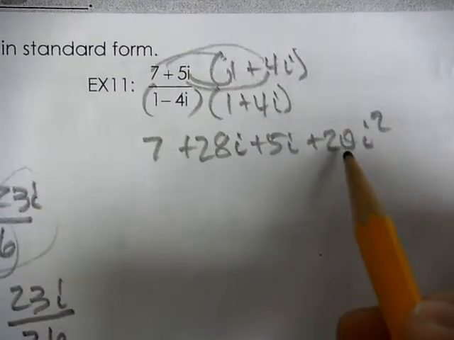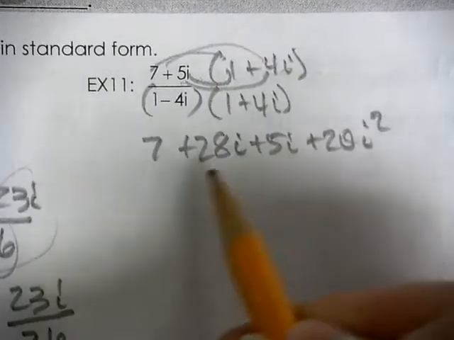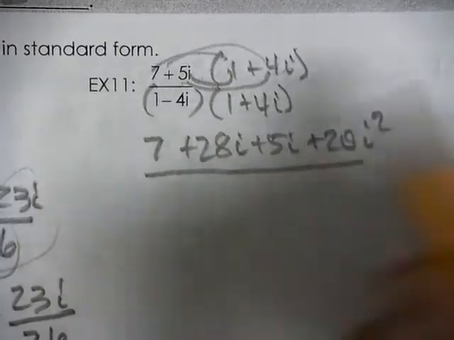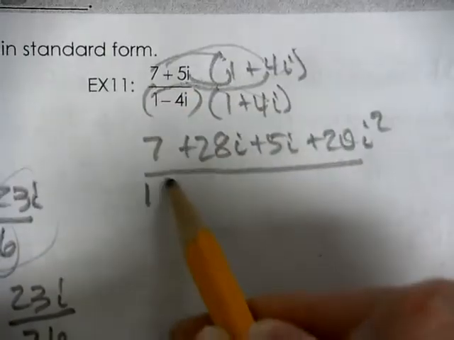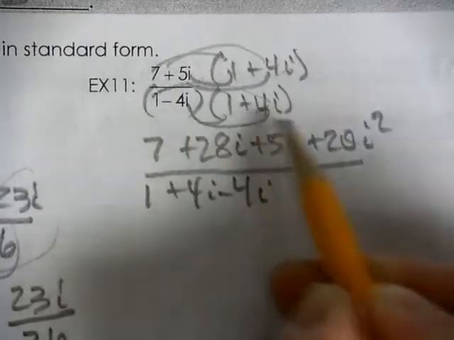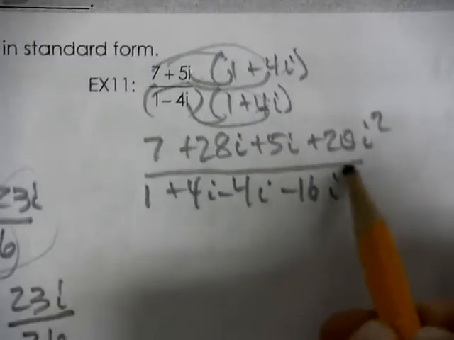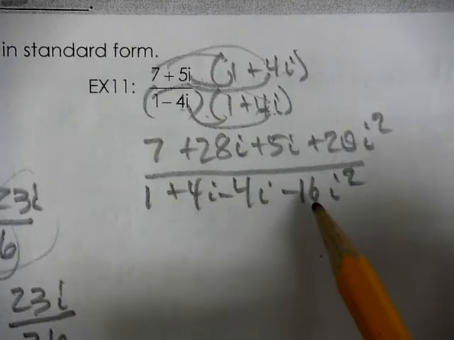This would be last. So we got 5 times 4, which is 20, i times i, which is i squared. You can simplify that right away if you want, or you come through and positive 4i, negative 4i, and negative 16i squared. 4 times 4 is 16, i times i is i squared.